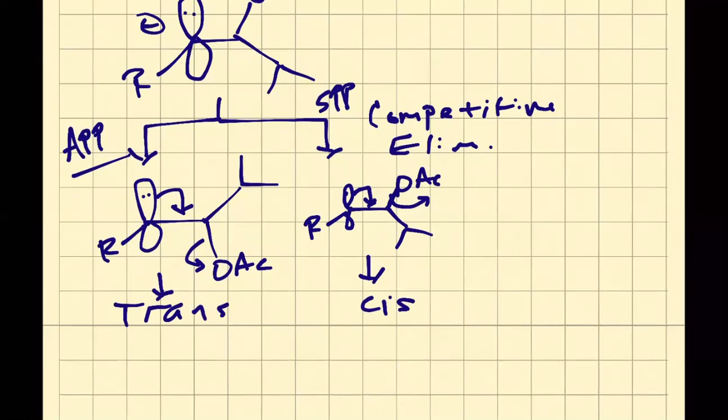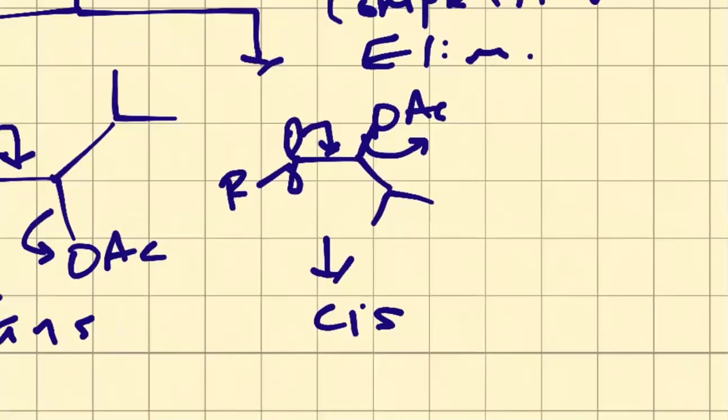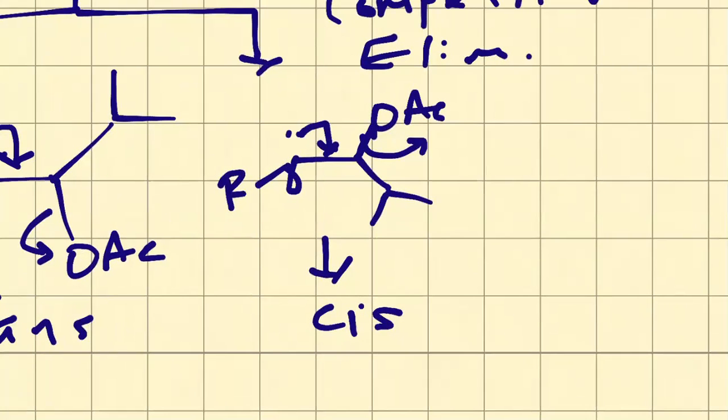But how would you explain the trans being predominant, even though the cis is possible and you get some of it?